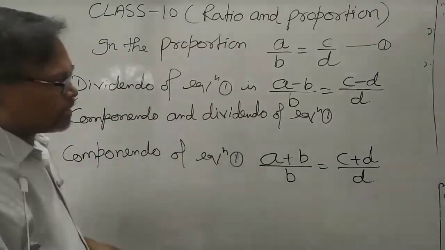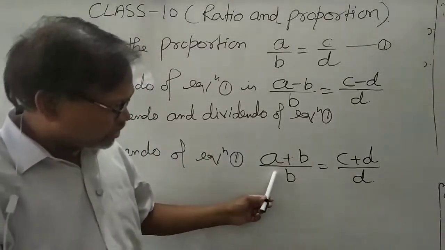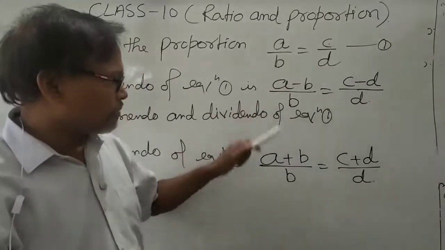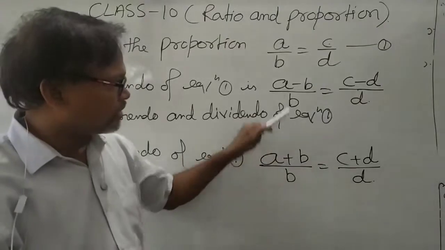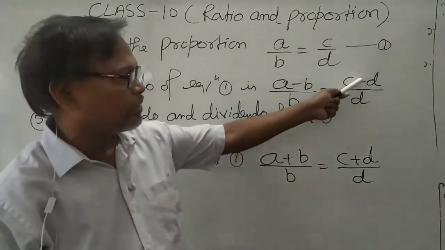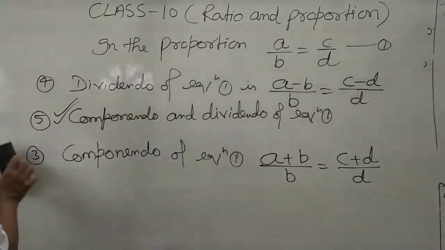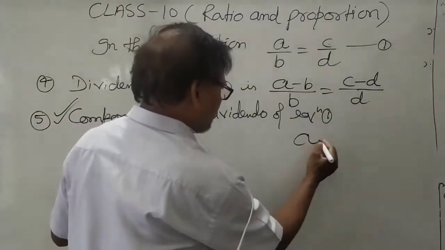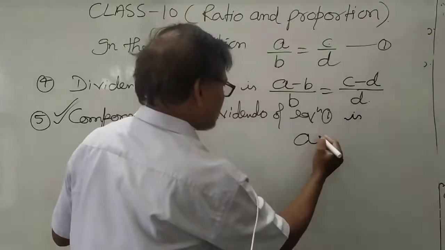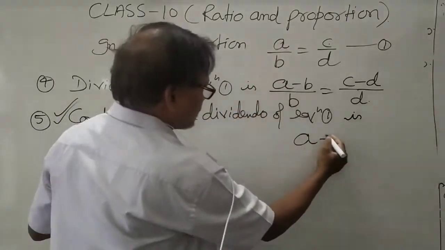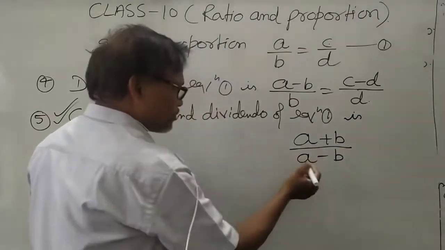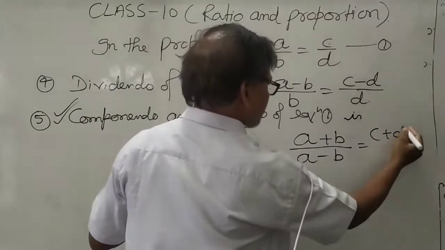So write componendo first, then divide it by the dividendo. B and B cancel, and A plus B upon A minus B is equal to C plus D upon C minus D. You add for componendo, and after subtracting for dividendo, it comes below.